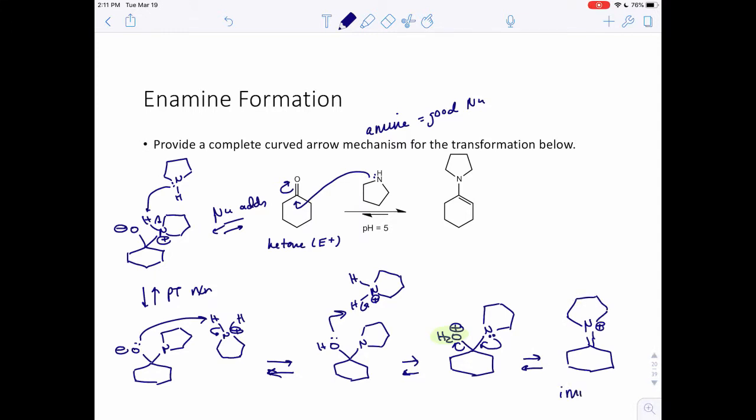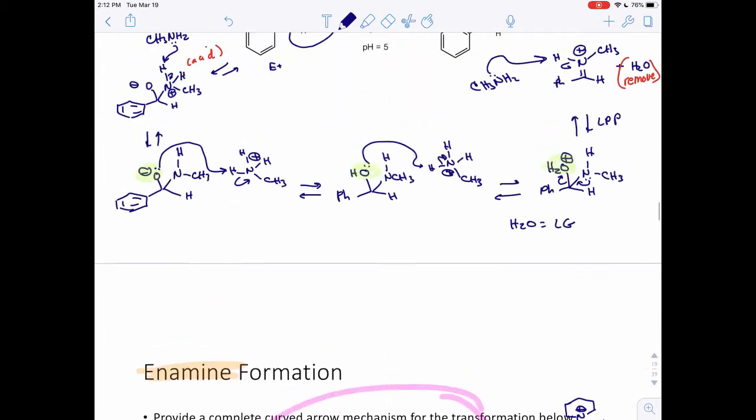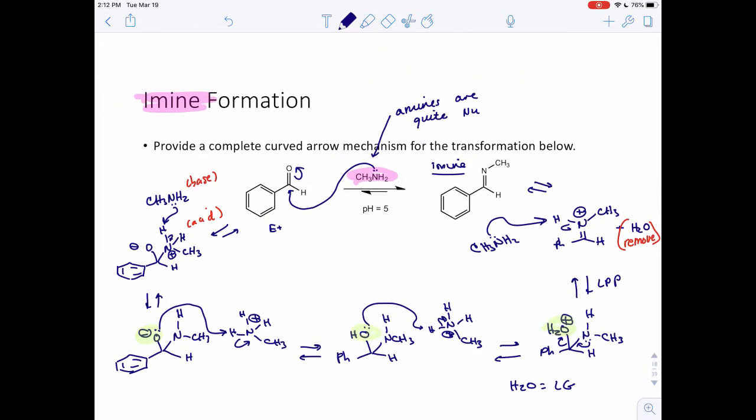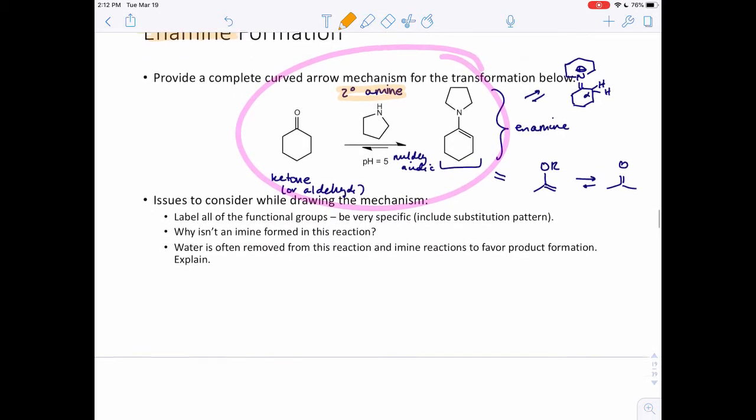It looks like an imine because it has two bonds between carbon and nitrogen, but it also has that positive formal charge on nitrogen. Now this intermediate is extremely similar to the protonated imine. I'm going to put a little box around it here. The protonated imine, technically also an iminium, looks exactly like this iminium species.